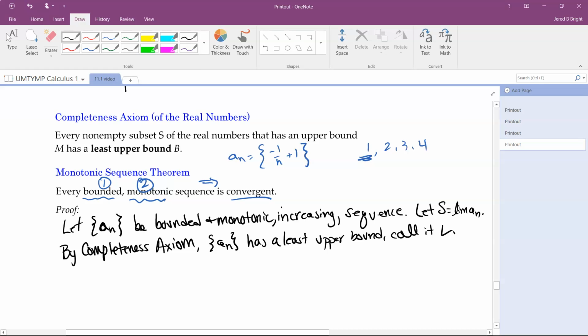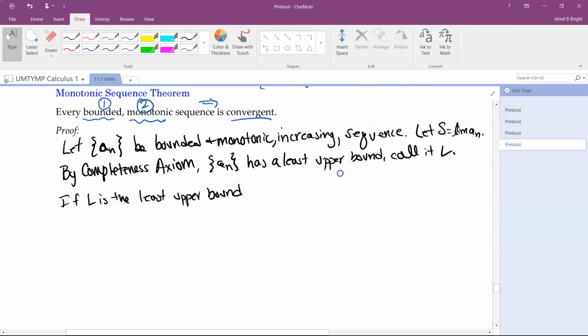If L is the least upper bound, then for epsilon greater than 0, L minus epsilon is not an upper bound.